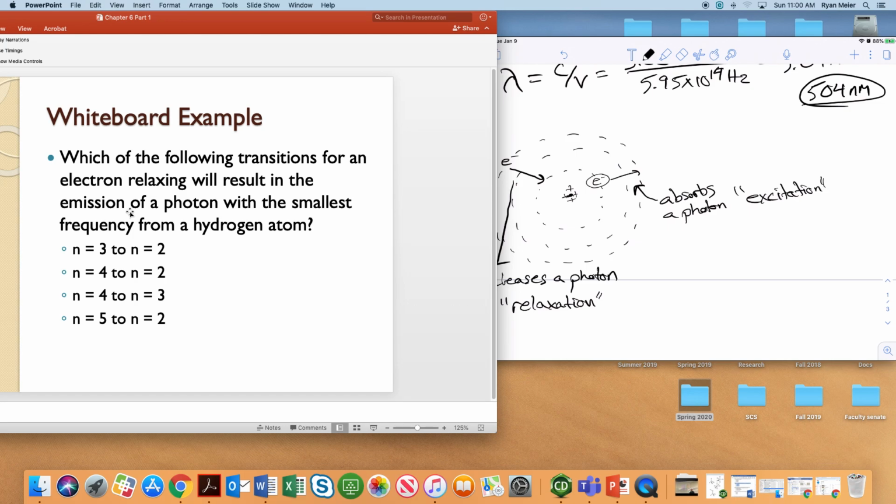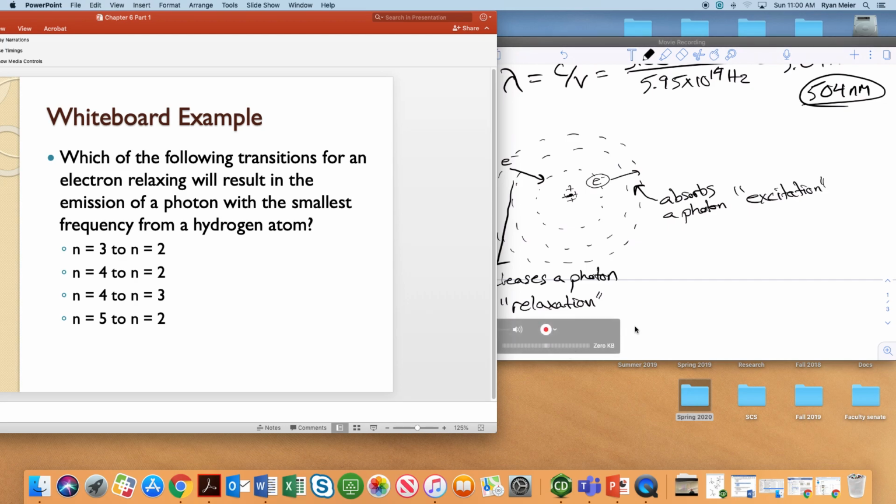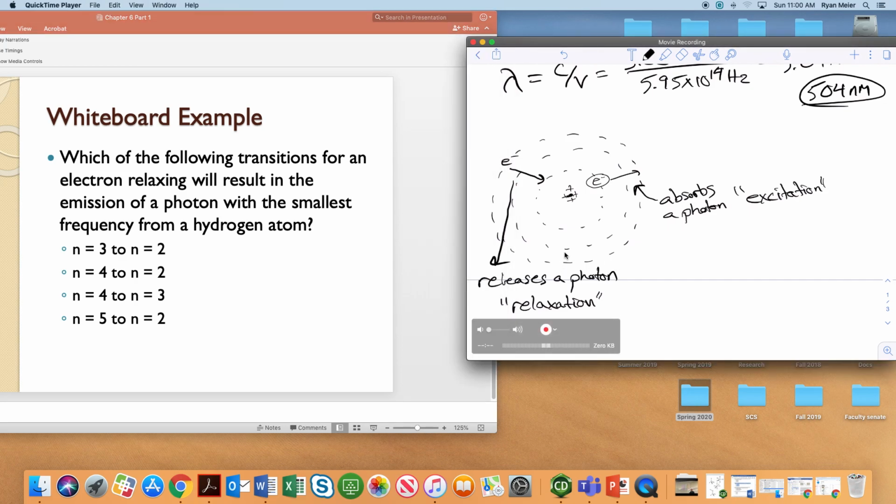Reasoning through it more conceptually, one thing that's going to happen with all of these energy levels as you move farther and farther away, if I come back to my little sketch over here, is that each time you go up an energy level, that new energy level is getting closer and closer to the energy level before it. Basically, the gaps between energy levels, as you go farther and farther out from the nucleus, get smaller and smaller and smaller.